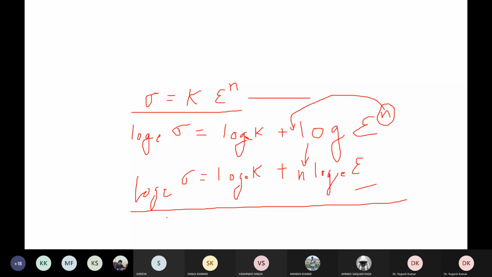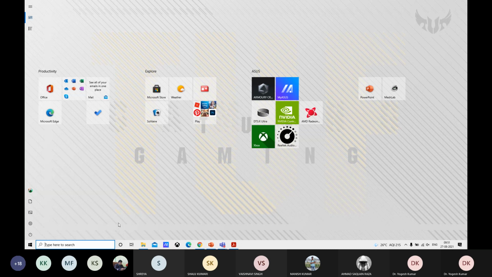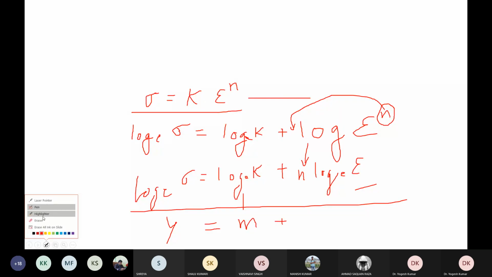Suppose natural log of sigma is replaced by y, n is replaced by m, natural log of epsilon is replaced by x, and natural log of k is replaced by c.